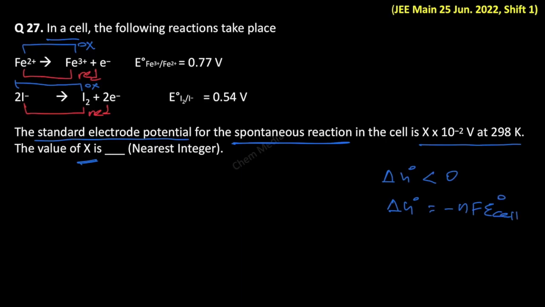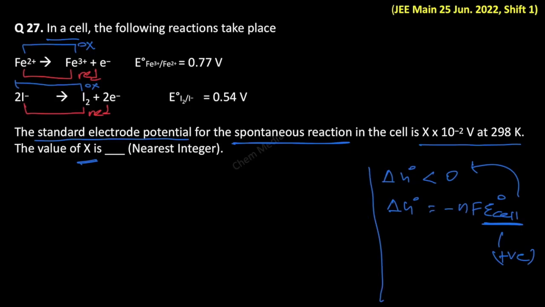So this means the E cell standard value that we are going to calculate here has to be positive. The question already gave a clue to us, isn't it? Only if the E cell standard value is positive, then only the delta G standard would be negative, so that the reaction would be spontaneous.